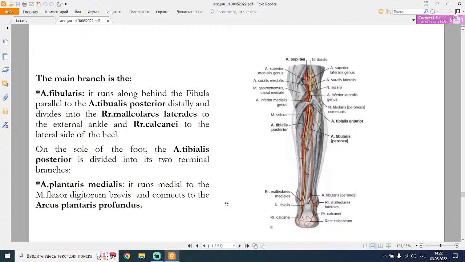On the sole of the foot, the arteria tibialis posterior is divided into two terminal branches. Arteria plantaris medialis runs medial to the musculus flexor digitorum brevis and connects to the arcus plantaris profundus.